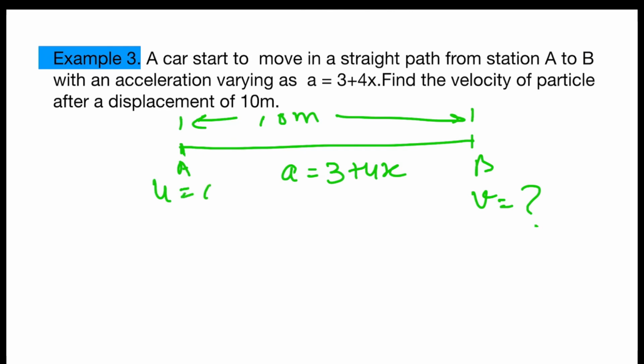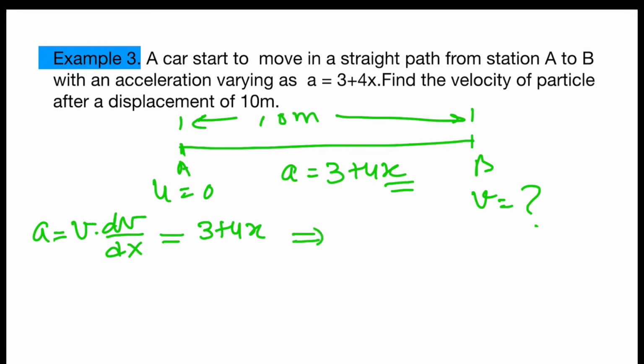Initial velocity is 0. So in this case, since acceleration is a function of x, we have to use the formula a equals v dv by dx, and this is equal to 3 plus 4x. Or we can say that v dv equals (3 plus 4x) dx.